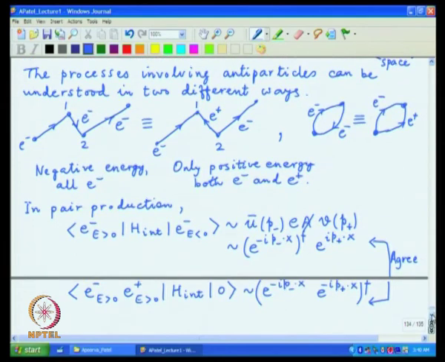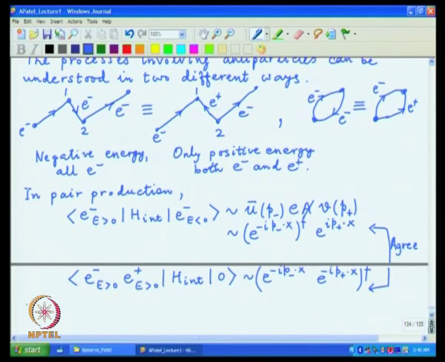This illustrates a symmetry which I had mentioned. This equivalence is an example of crossing symmetry.